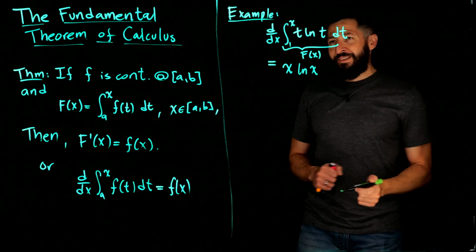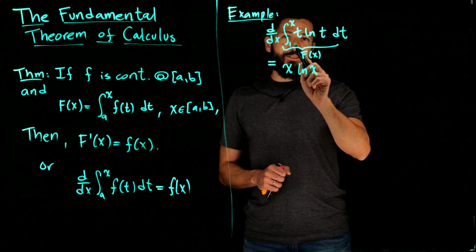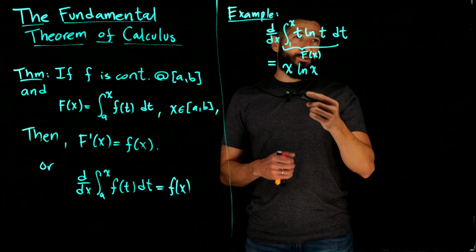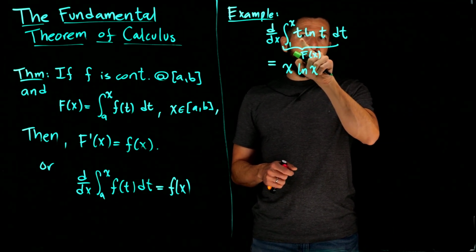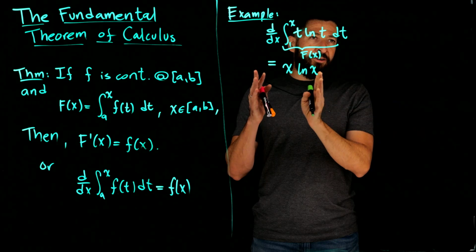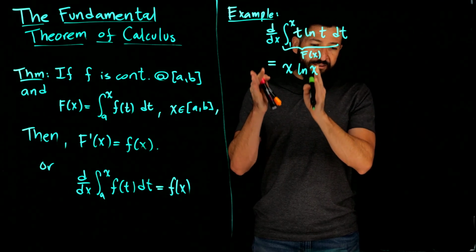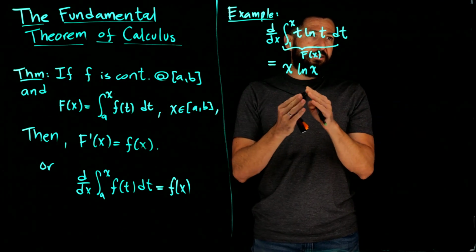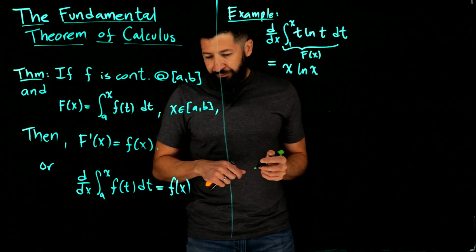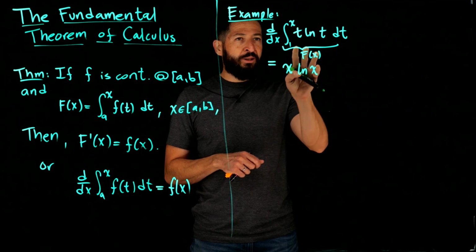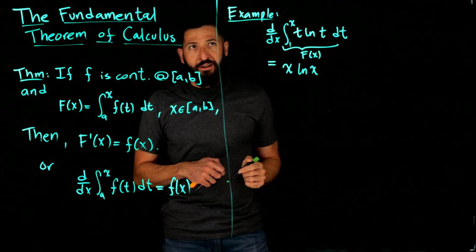Of course, I forgot to tell you that the function is continuous from 1 to x for any x. Because remember that the discontinuities for the natural log occur at 0 and to the left of 0. Anything to the right of 0, the natural log is continuous, so you're good. So this right here, starting at 1, it's all right.